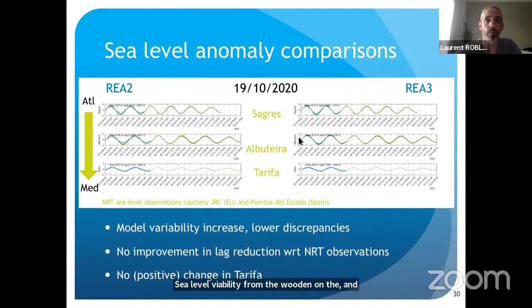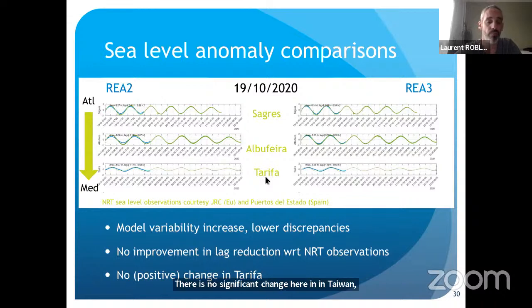And then we have a mean square error reduction of 50% from this one to this one, leading to about 15 centimeter square error. There is no significant change here in Tarifa.